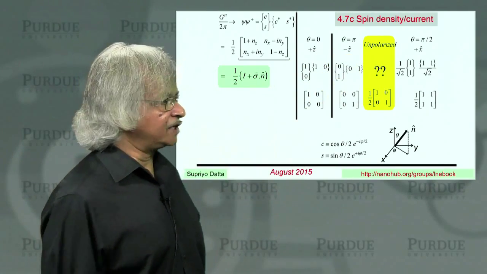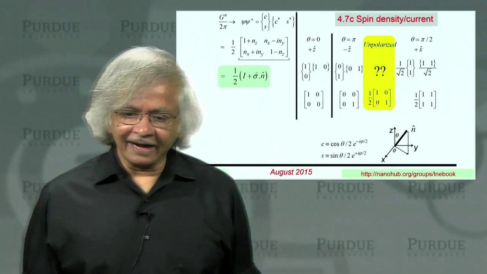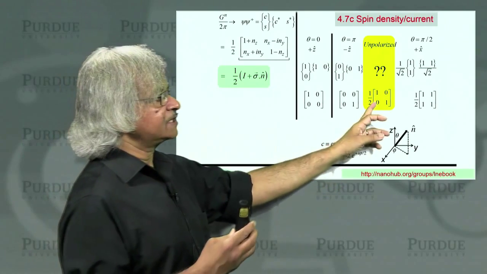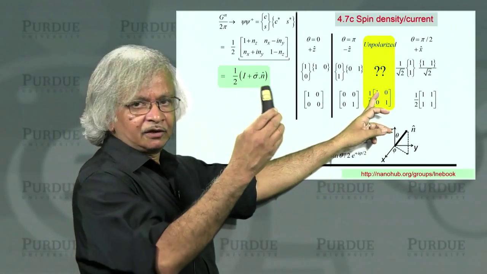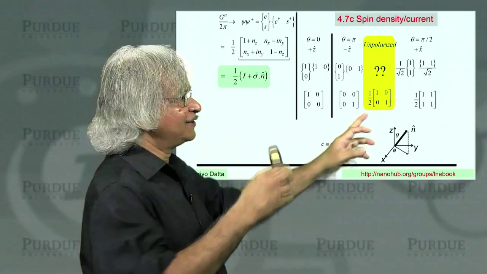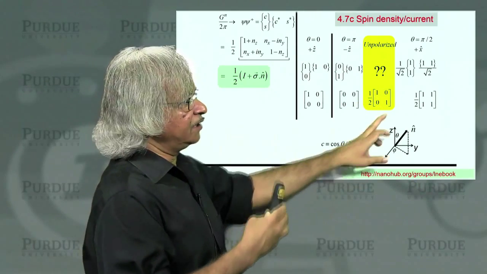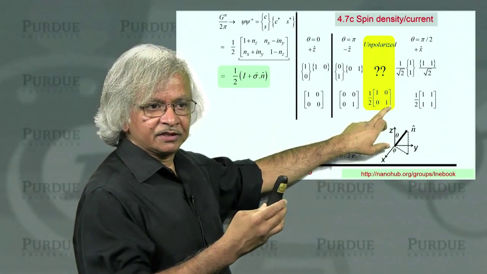The difference is, if I put an analyzer in the plus Z direction, and you had unpolarized electrons, 50% would get through. Similarly, if you looked at minus Z, another 50% would get through.